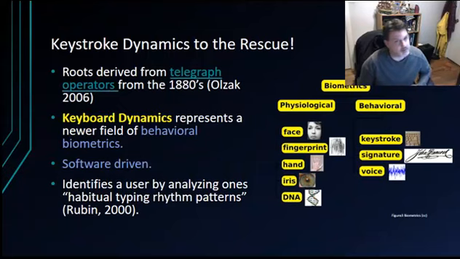Enter Keystroke Dynamics. Keystroke Dynamics represents a newer field of biometrics. We refer to it as the behavioral biometric. With Keystroke Dynamics, specialized software attempts to identify the user by analyzing one's habitual typing patterns.